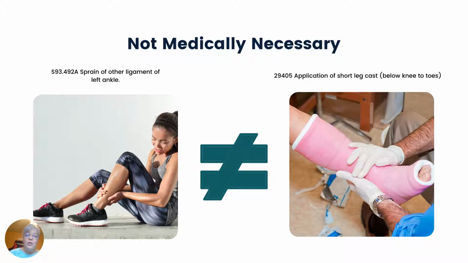Well, that wouldn't usually be the treatment for a simple sprain of an ankle, where the physician may recommend to wrap the sprained ankle or put ice on it, but we generally are not going to cast a sprained ankle. And so those codes don't match up. They don't make sense to go together. And so your payer system is going to recognize that and deny that claim as not medically necessary if it were submitted this way.